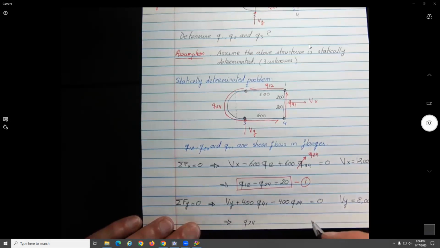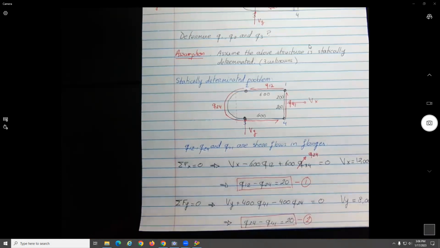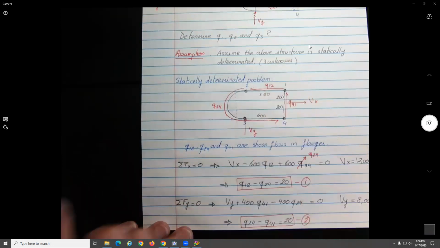Yes, minus Q41 equal to 20. Two equations, you're gonna have three unknowns. So what does that mean? We need to find a third equation. What's gonna be the third equation?